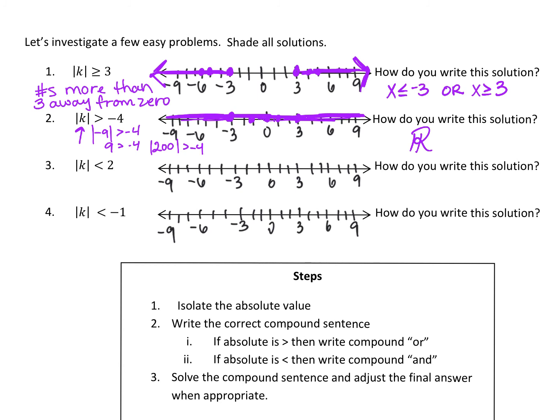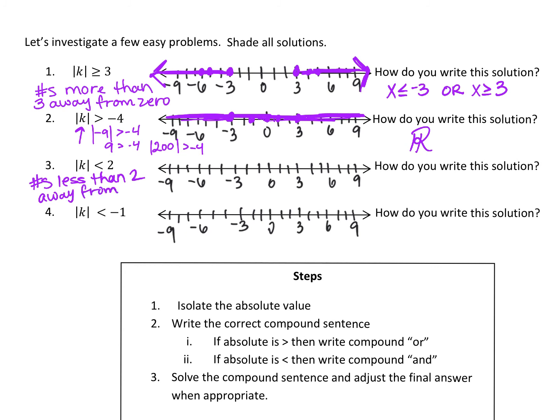Now, number 3, the absolute value of k is less than 2. So I want numbers less than 2 away from 0.